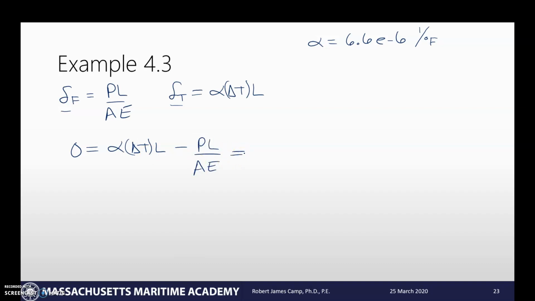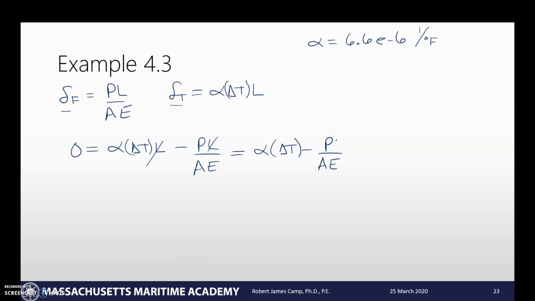I've got an L in all these things. What am I going to do? I'm going to divide everything by L. If I divide this by L, it goes away. Divide this by L, it goes away. I divide 0 by L, well, it's still 0. That's going to fall out too. So what I'm left with is 0 equals alpha delta T minus P over AE.